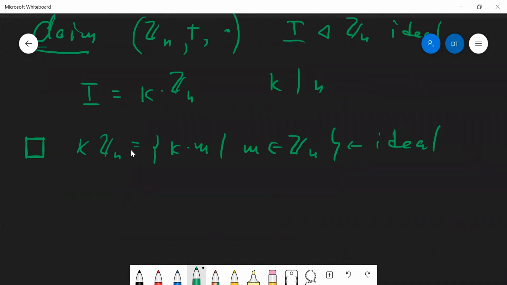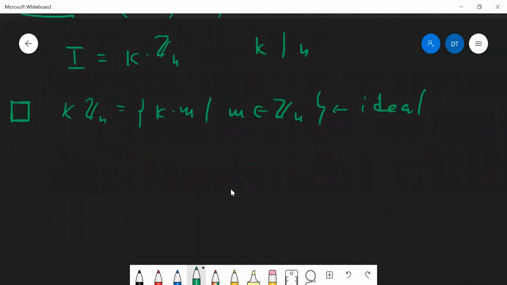So we just need to show that if we're given an arbitrary ideal, it has this form. And here we don't even need this additional assumption that k divides n. But if k here doesn't divide n, we can choose a different k, say k prime, so that k prime times Zn defines exactly the same subset, and k prime divides n.